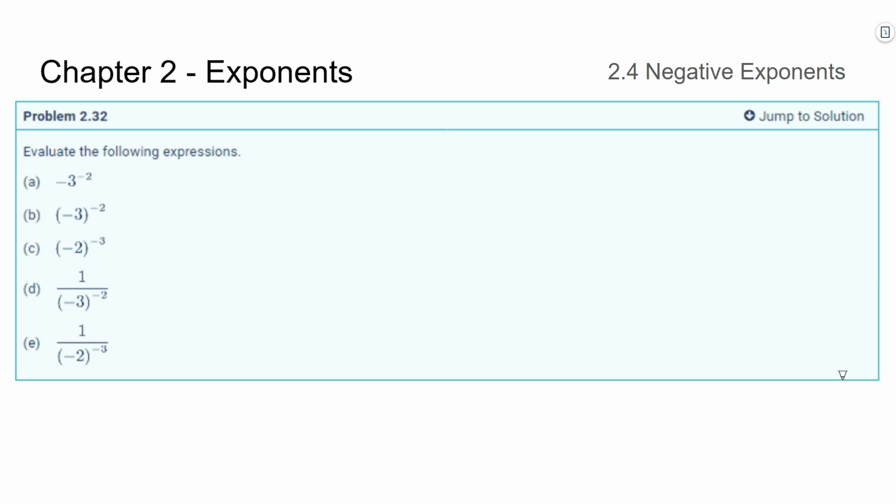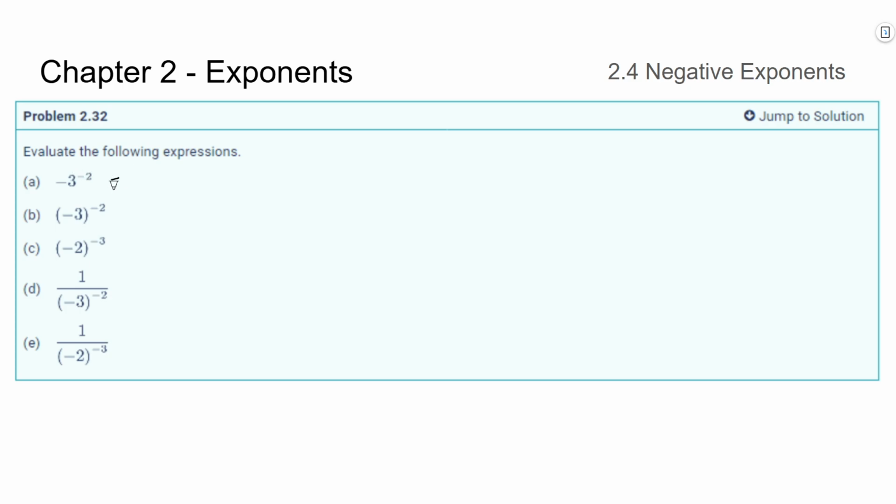All right, so let's see here. The first one, so let's do negative 3 to the negative 2. A negation follows the same step as multiplication in your order of operations, because a negation is the same thing as multiplying by -1. So with your order of operations, we would do the exponent first.